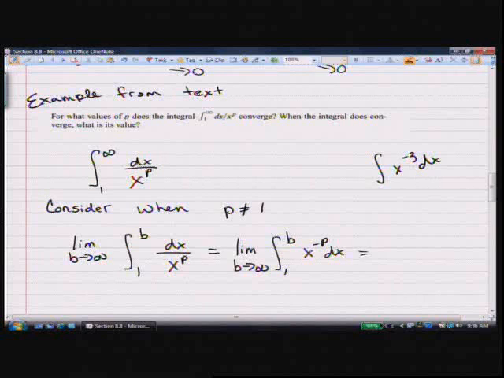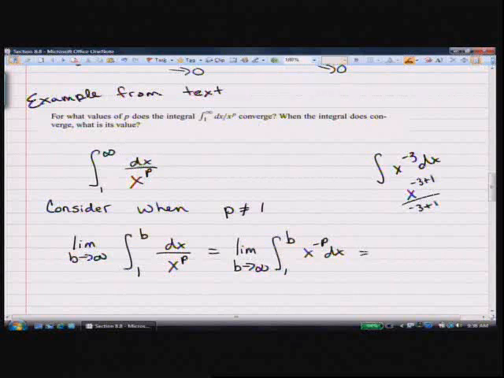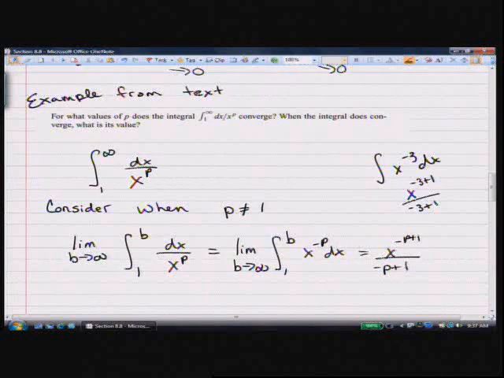Well, you'd add 1 to the exponent, so it would be x to the negative 3 plus 1 over negative 3 plus 1, right? And if it were any of them, that's what you do. Sometimes it flips over, but you don't worry about it. So in general, it's going to be x to the negative p plus 1 over negative p plus 1. Do y'all agree with that?